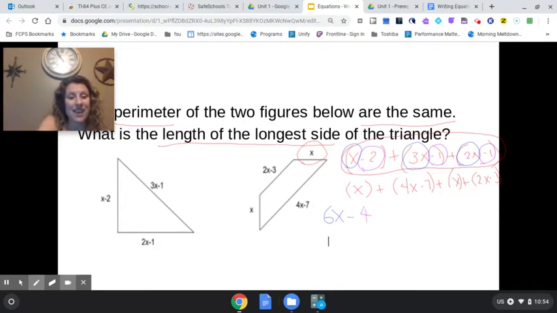Let's do the same thing for the quadrilateral. So our first set of like terms, we have x plus 4x plus x plus 2x. If we add all of those together, 1x plus 4x plus 1x plus 2x, that gives me 8x.